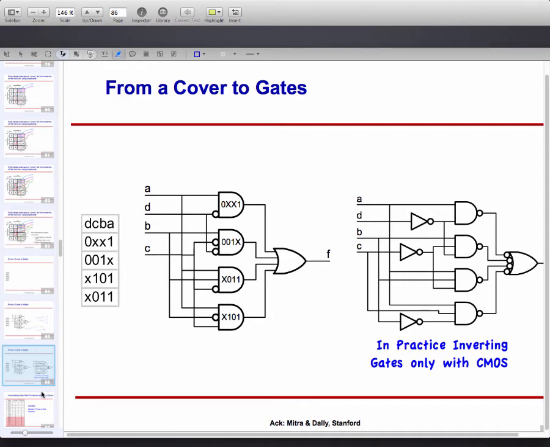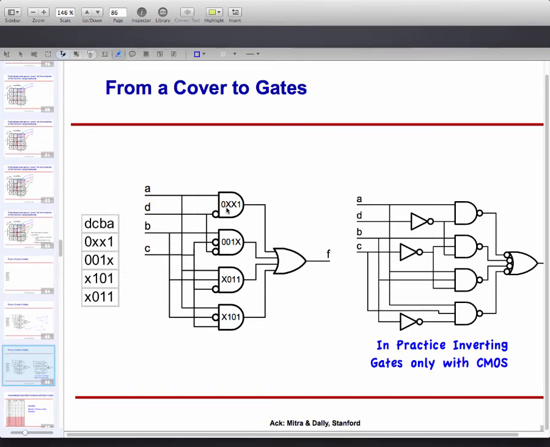And now some real life issues. When we drew it, we have these AND gates with bubbles at the input. There are no such real life gates. There are no AND gates with built-in inverters at the input. So in reality, the way you would implement it is to put inverters for them.